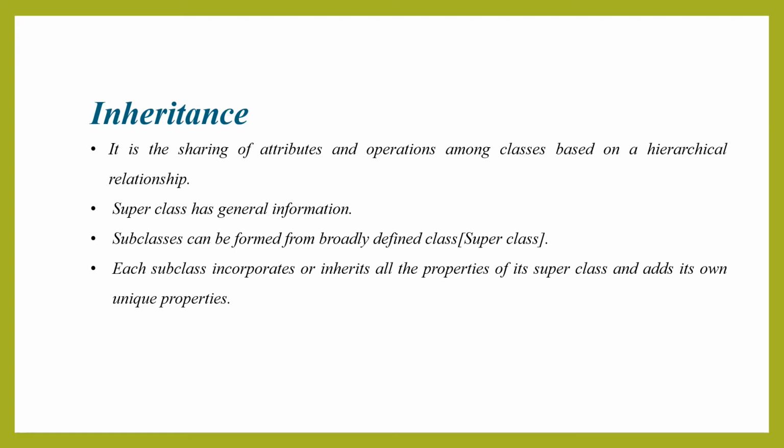Here the superclass is also called a parental class or a general class, from which the subclass or child class inherits the properties. The subclass need not repeat the features of the superclass.